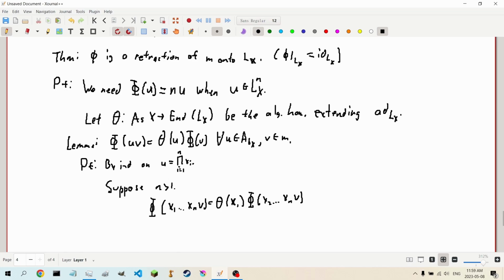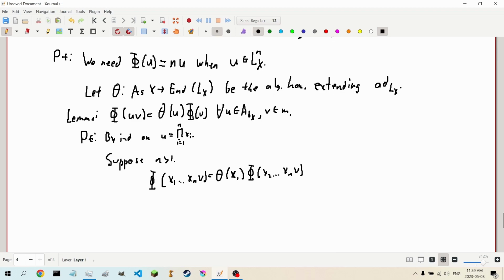That's our induction hypothesis, which is equal to theta of x1 theta of x2 through xn of big phi of v. Once again, induction hypothesis, and so theta of x1, that's a homomorphism, through xn of big phi of v. That's your lemma.